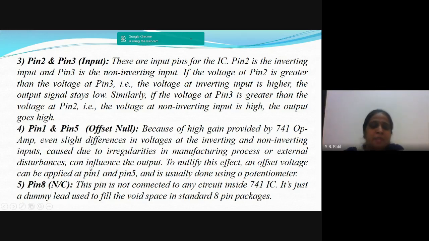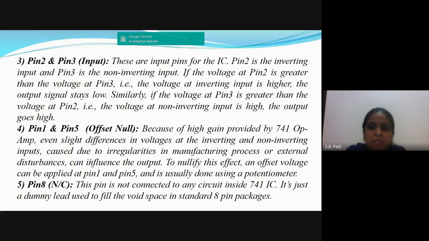If you vary the input voltage by a small amount, there is an appreciable change in output. That means the operational amplifier is a very sensitive device.